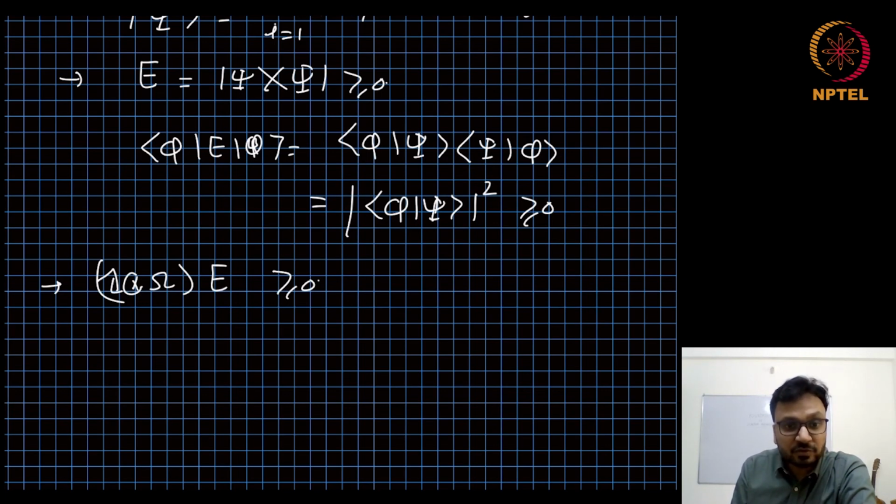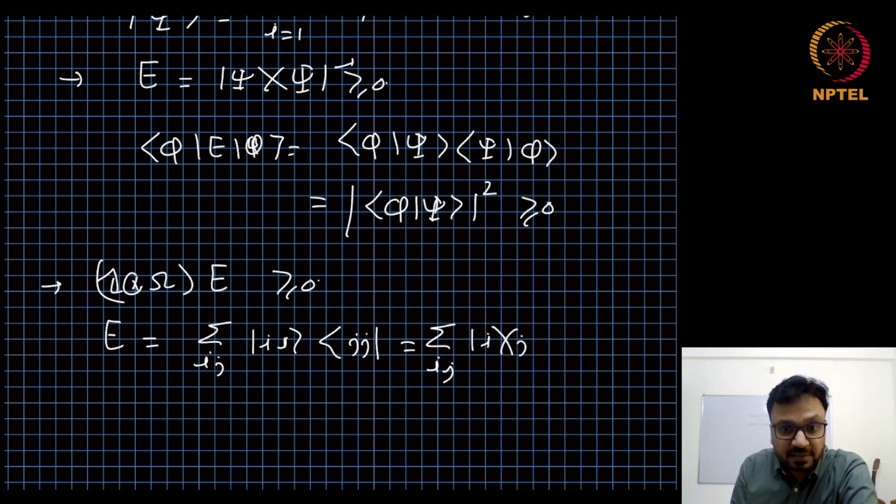So first, before going there, we need to see what the structure of E is. E can be written as sum over i, j of |ii> outer product <jj|. This is what it means by taking the outer product of psi with itself. And if we simplify it, it will be sum over ij of |i><j| tensor |i><j|.